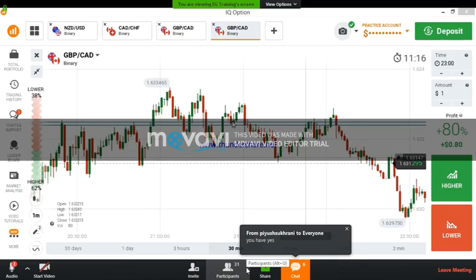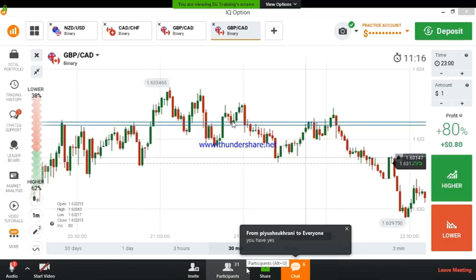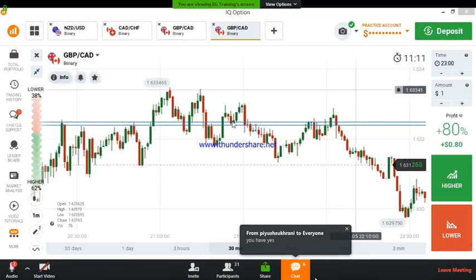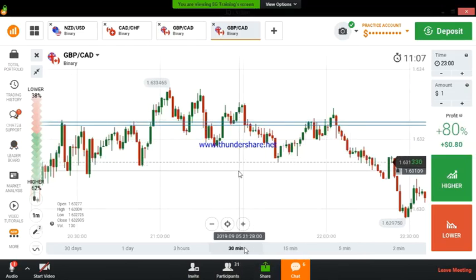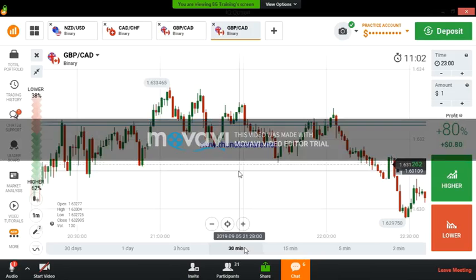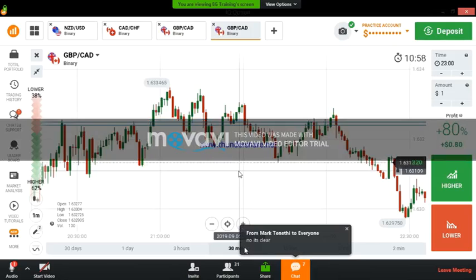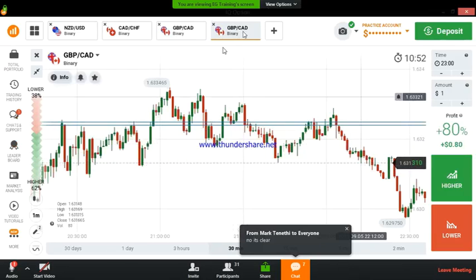Do you have any questions? Try to draw the strong levels. For the first time, we can't draw perfectly. Practice it, and again I will explain the same topic tomorrow, and I will explain how to trade on the strong levels too. You need to see the strong levels every time, because we can trust only the strong levels.